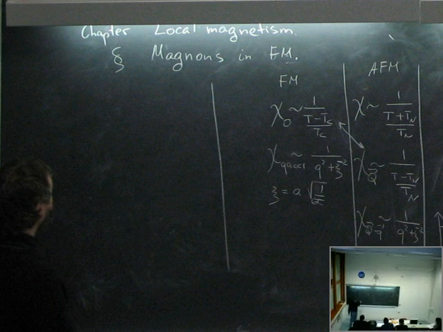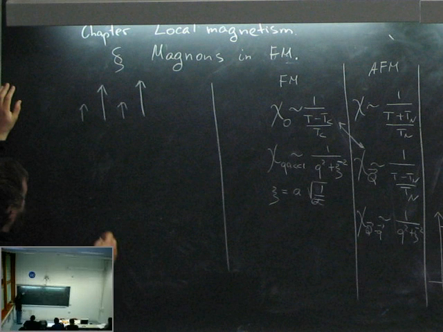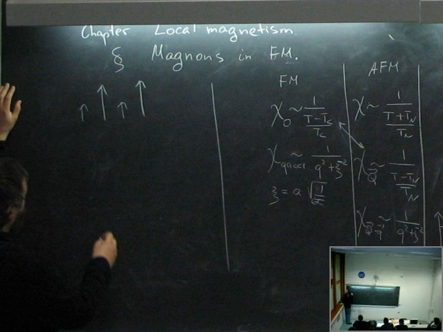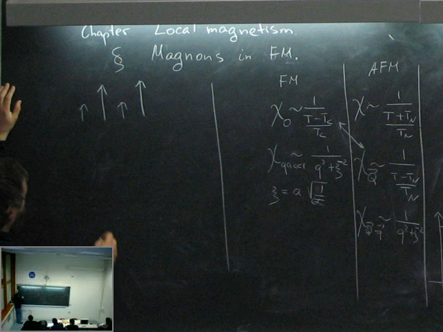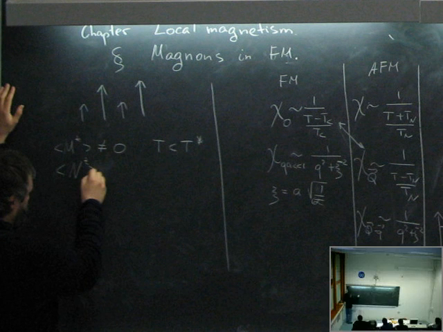We do have two sublattices, and for that situation we have both uniform magnetization, non-zero for temperature below T star, and staggered magnetization, non-zero for T smaller than T star.